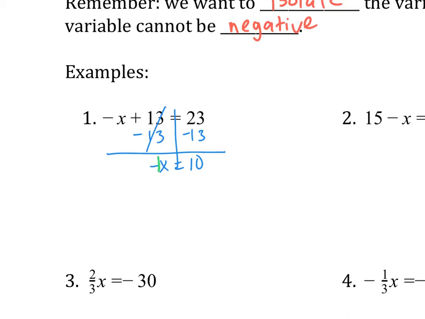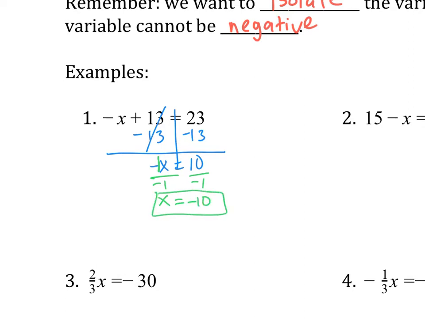That's like saying negative 1 times x. So in order to get rid of that negative sign, we're going to divide both sides by negative 1. Now we have negative 1 divided by negative 1. Well, a negative divided by a negative makes it positive, and 1 divided by 1 is just 1. So we're left with x by itself equals 10 divided by negative 1, which is negative 10.